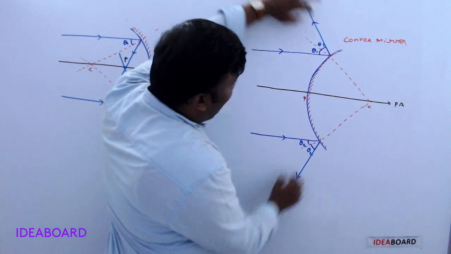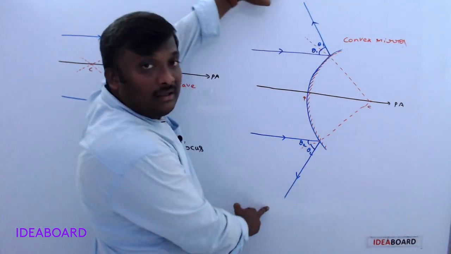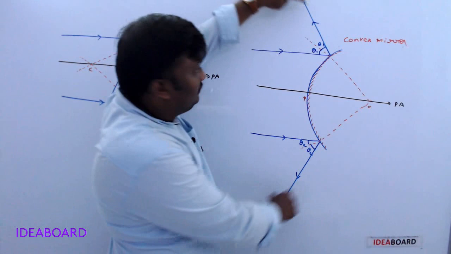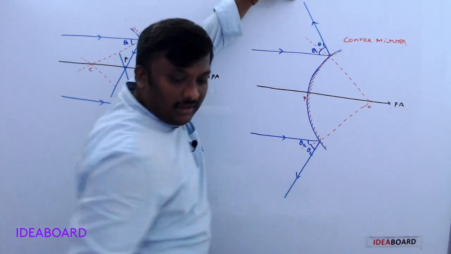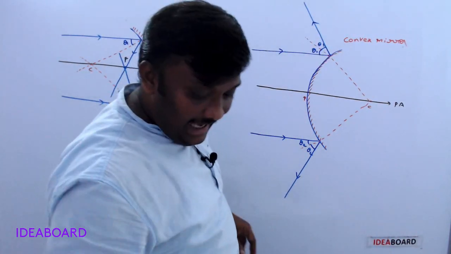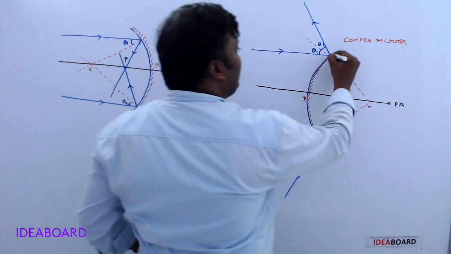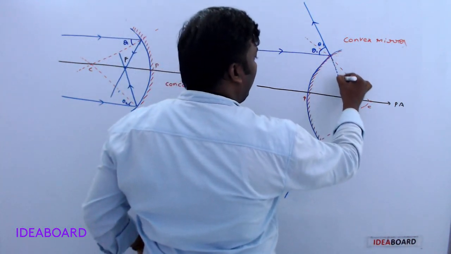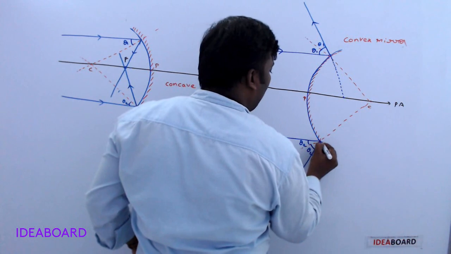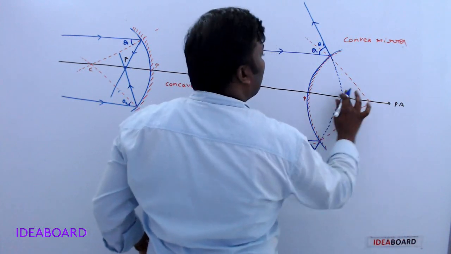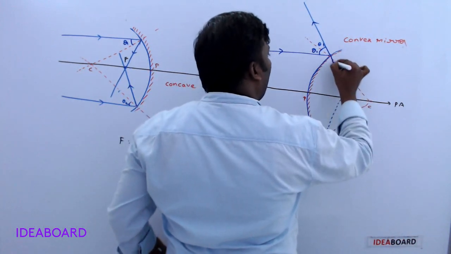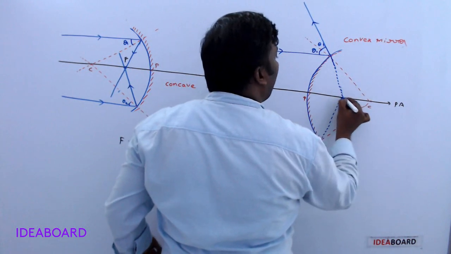These reflected rays diverge from the surface now. That's why if we extend these rays in the backward direction, these rays appear to meet at this point.